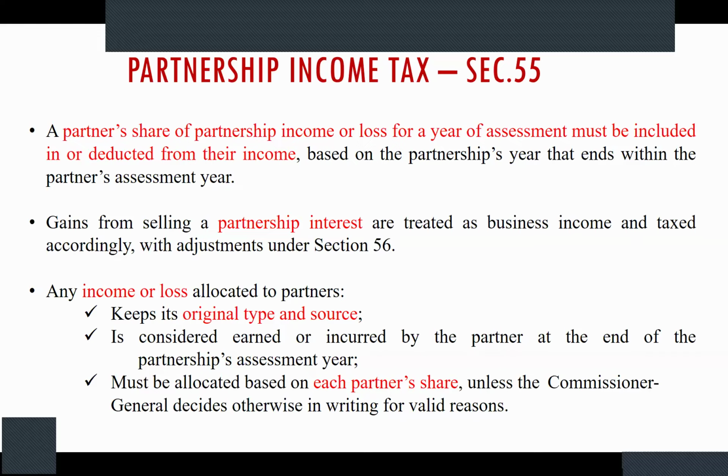It must be allocated based on each partner's share, unless the Commissioner General decides otherwise in writing for a valid reason. If the Commissioner General has not decided otherwise, they have to allocate the income or loss based on their share.